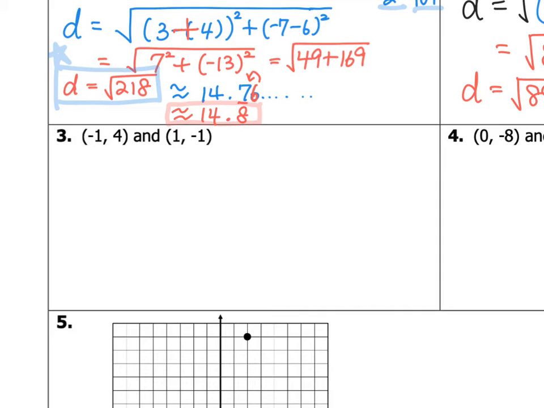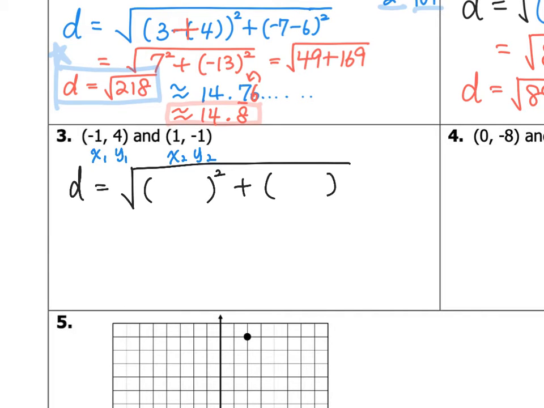Number 3, x1, y1, x2, y2, and d equals the square root of x's and y's, and then we're going to subtract them. So the first number, that's right, 1 minus -1. So let's put the positive symbol already. And y2 is -1 minus 4.